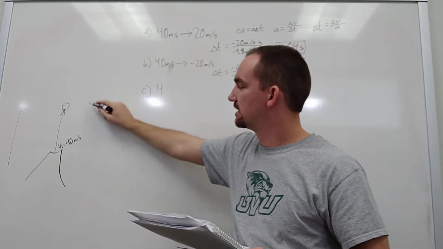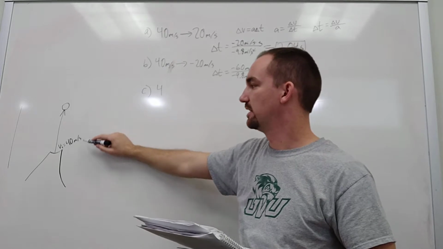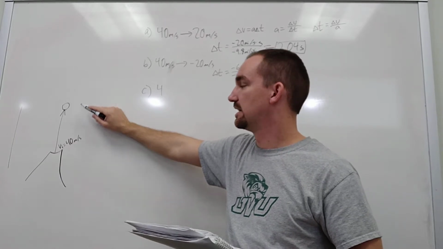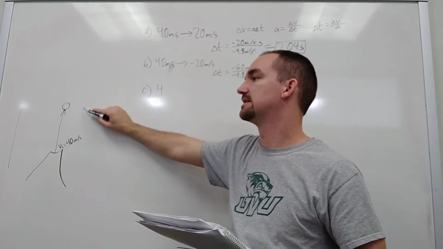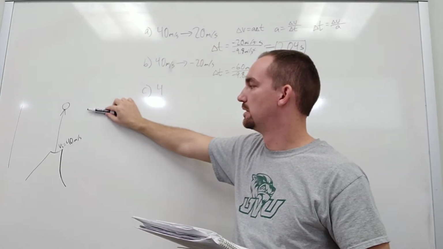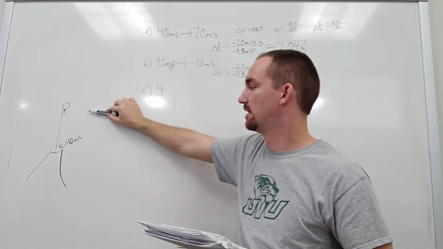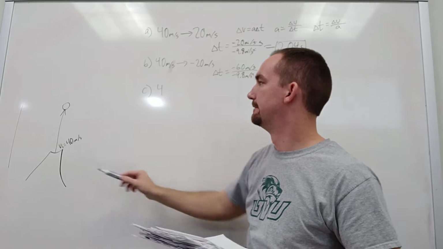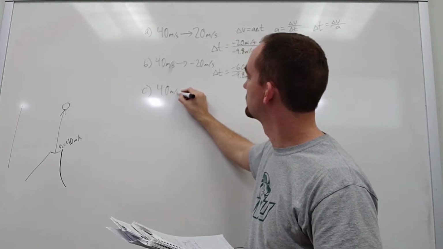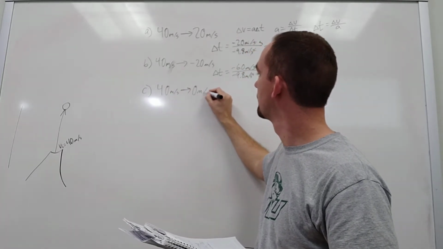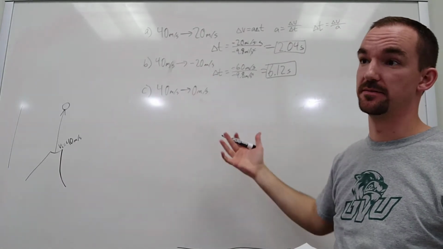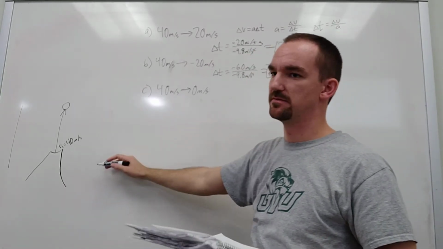Since the only acceleration in the whole system is gravity, it'll take the same amount of time to reach velocity 0 as it does to get back, going the same distance from position 0 at 40 meters per second to velocity 0 and then back down to position 0. So all we really need to know is when it gets from 40 meters per second to 0 meters per second, and then we'll just multiply that change in time times 2, because the amount of time to get to the top is the same as the amount of time to get to the bottom.